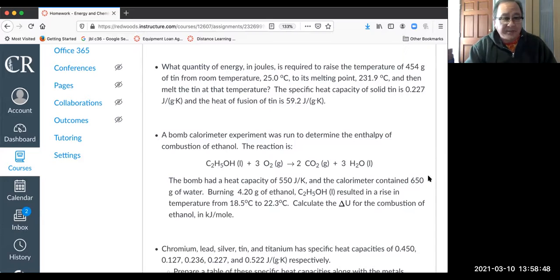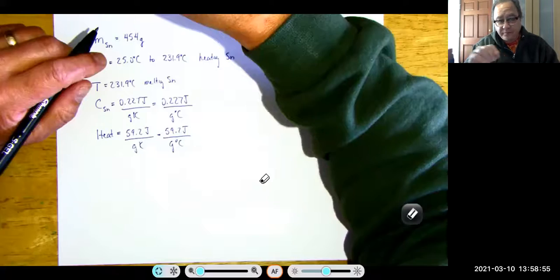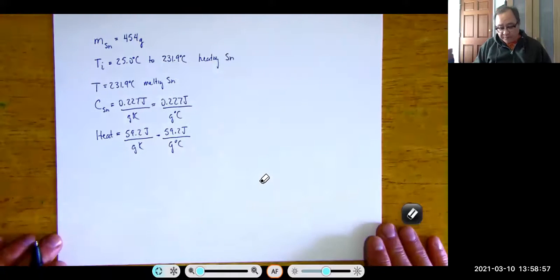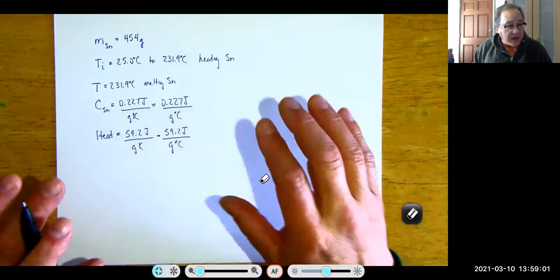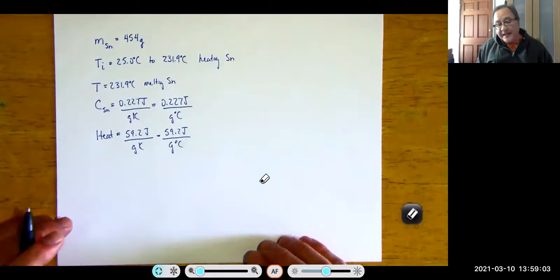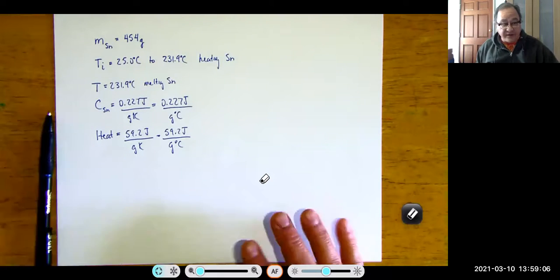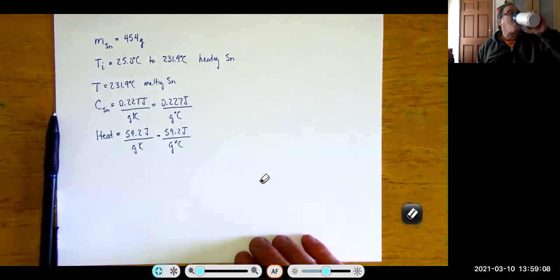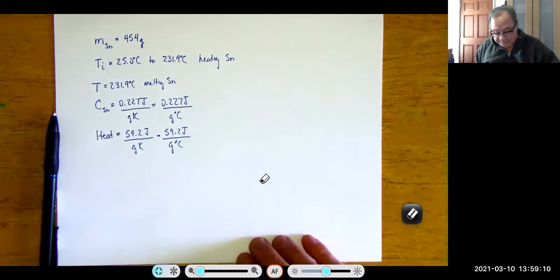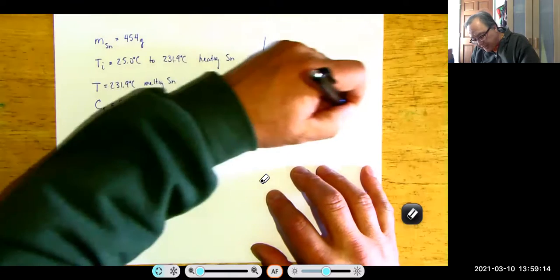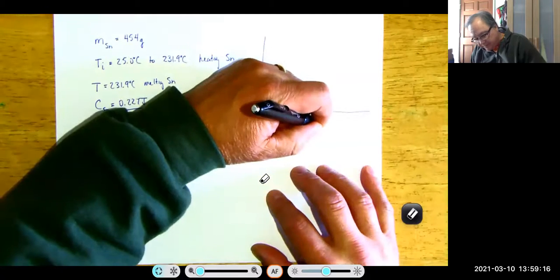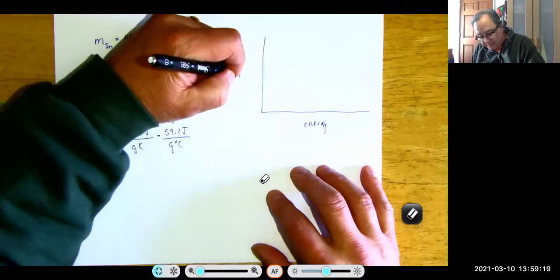Okay, now I'm going to change my share. Okay, so I've done some problems like this in the Q&As. Here's what's going on. The tin is staying tin, so there's no reaction. Fair enough? So I'm going to draw a little diagram here that shows energy and temp.